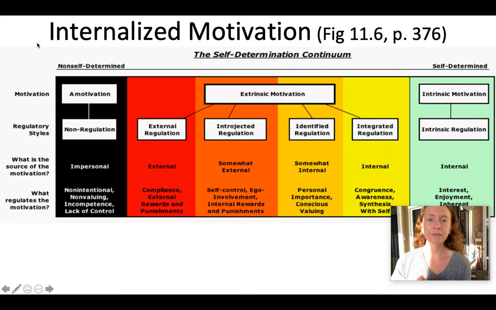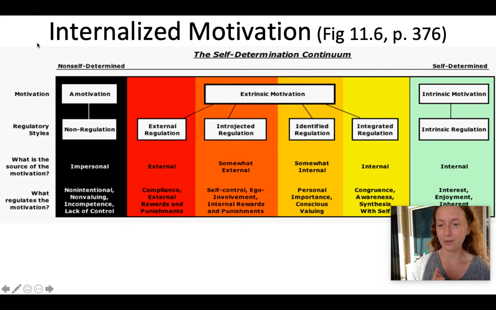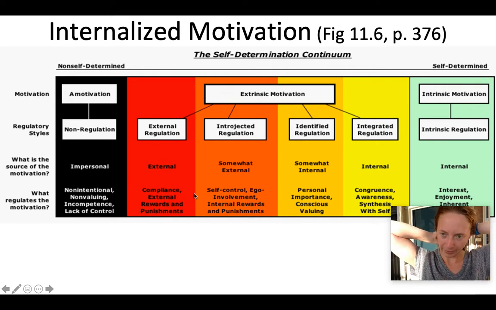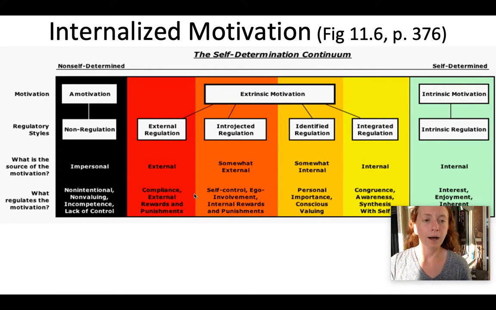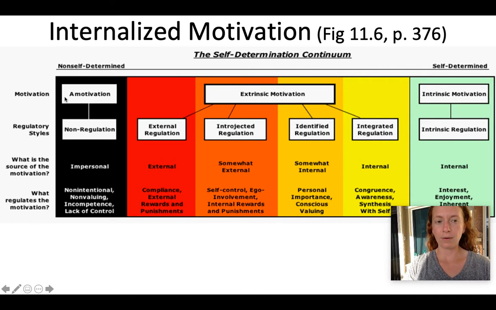And this is kind of the self-determination continuum. And I really just want you to look at the big domains here, like top, middle, and bottom, and then the colors. And so, when you're thinking about motivation, it's this continuum from you have no motivation, amotivated, to fully self-determined.